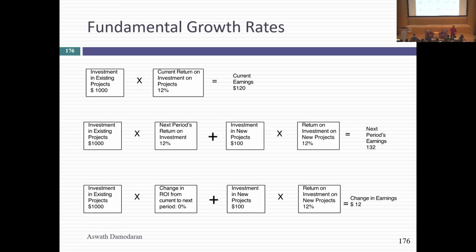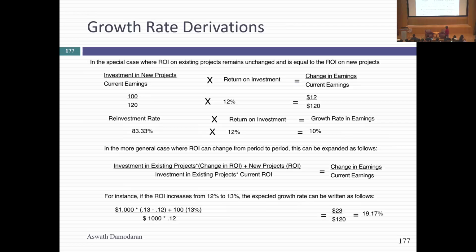But I'll tell you when it'll break down. If your margins are changing, this equation is no longer going to work. And here's why. If my return on capital stays at 12%, which it did in that example, I can take what I'm reinvesting as a percentage of my earnings, called the reinvestment rate, and multiply it by my return on capital, and I get the growth rate, 10%.